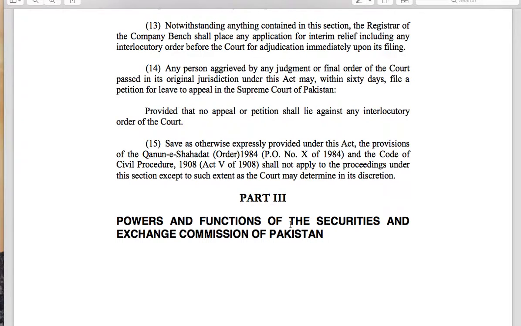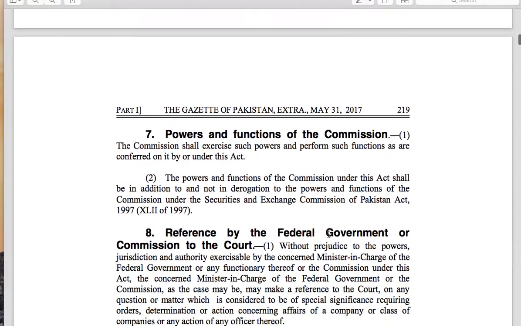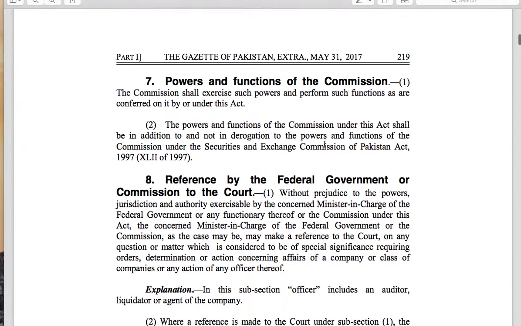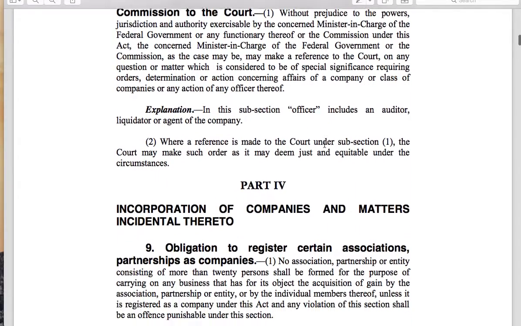As far as the functions of the Securities and Exchange Commission of Pakistan are concerned, the commission is the highest body and is chaired by the chairman, and then it can make reference to the federal government.